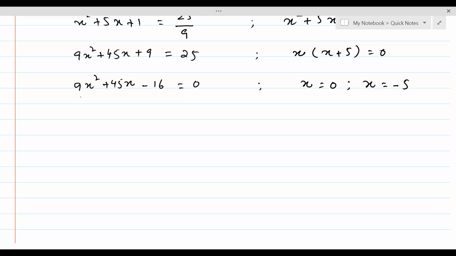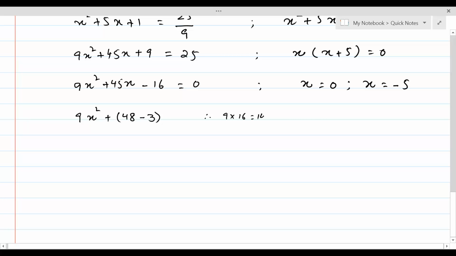As AC is negative, we are going to find two such factors of 9 times 16 whose difference is equal to 45. Using factorization method, this will be 9x square plus 48x minus 3x minus 16 equal to 0. These 48 and 3 are two such factors of 144, which is in fact 9 times 16 equal to 144.